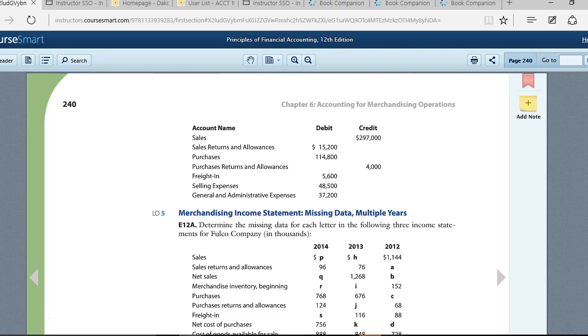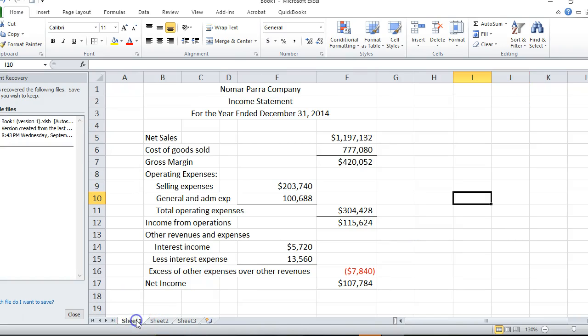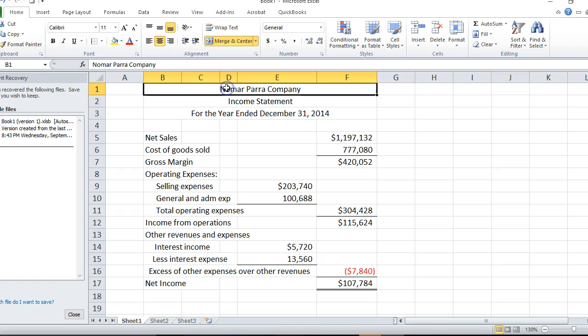So what we're going to do is we're going to go back to our income statement. This one was created just showing cost of goods sold under the perpetual method. We're going to do E11A, and we've got Proof General Store income statement for the year ended December 31st, 2014.